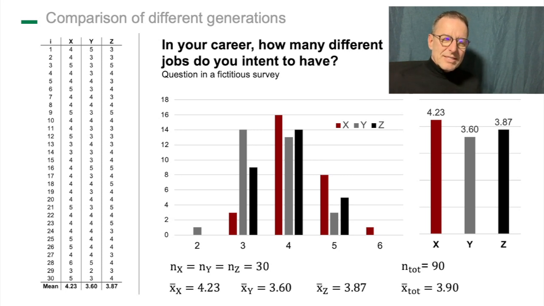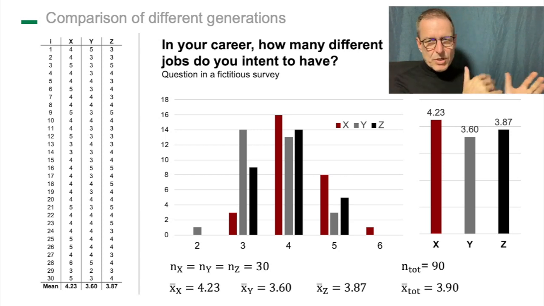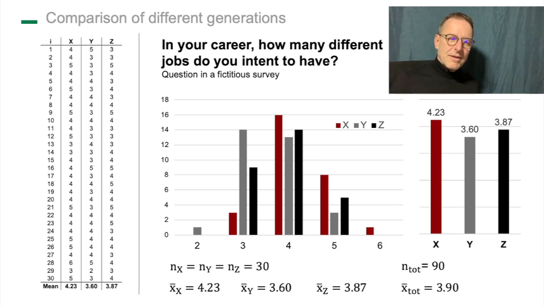And that's something that I explained when we were talking about bivariate statistics. Now we maybe could stop here and say, well, you see, there is a difference. People from Generation X expect to have more jobs in their life than, for instance, people from Generation Y. There is a difference.